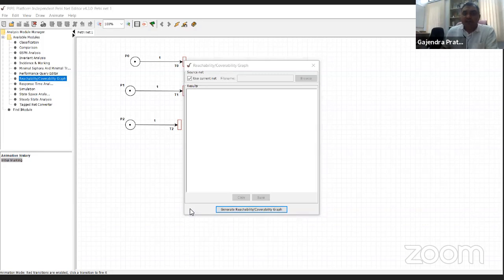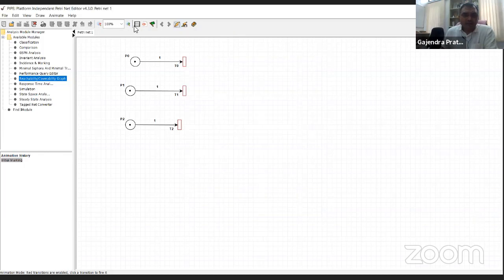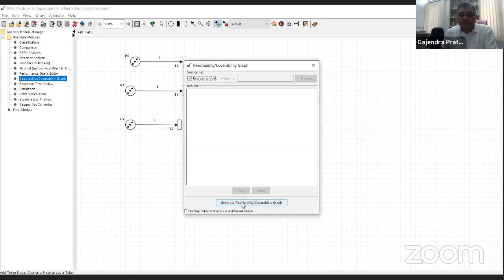This is what we can get by coding. If I make a very small change in the marking, for example increasing the tokens to 3 or 4, you can see how exponentially the states grow. With a minor change you see very exponential growth.